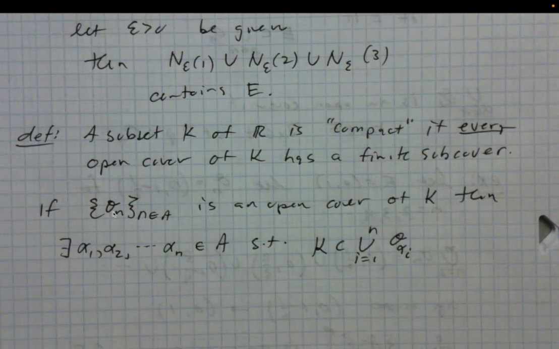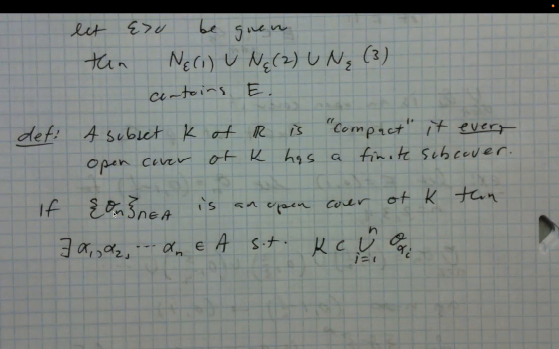So if you wanted to show that K wasn't compact, one way would be to devise an open cover for which there is no finite subcover. But to show that a set is compact, we have to show that every open cover will necessarily have a finite subcover. So clearly it's a stronger condition than just finding a finite subcover.